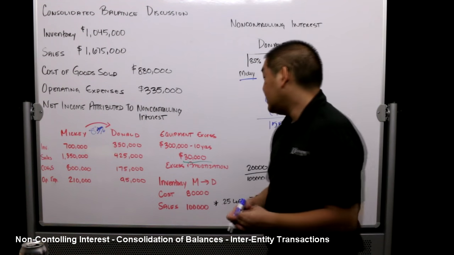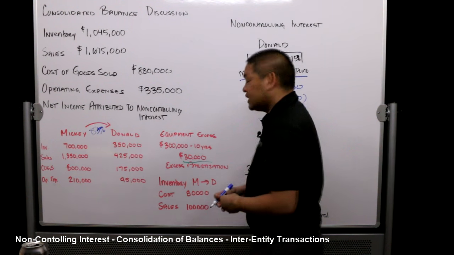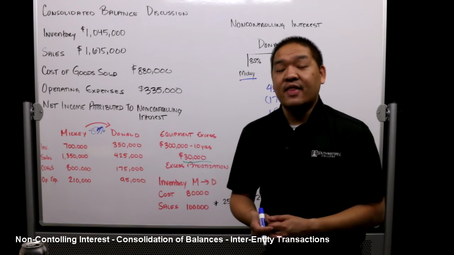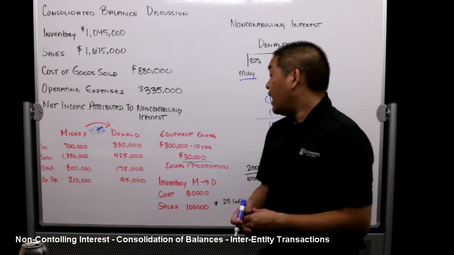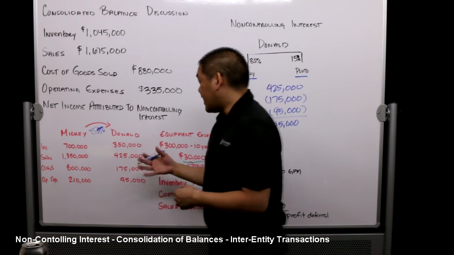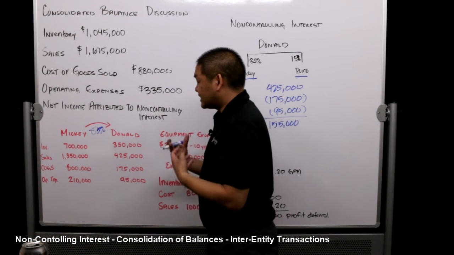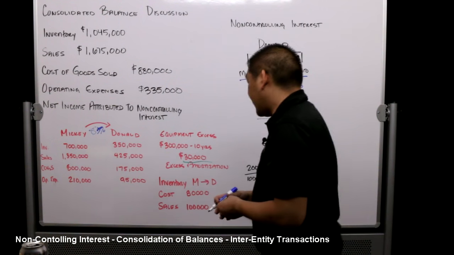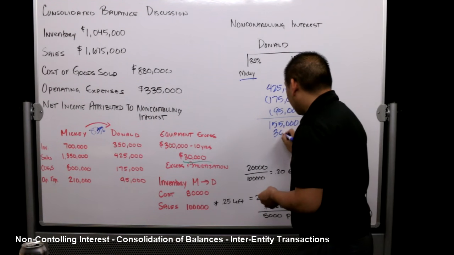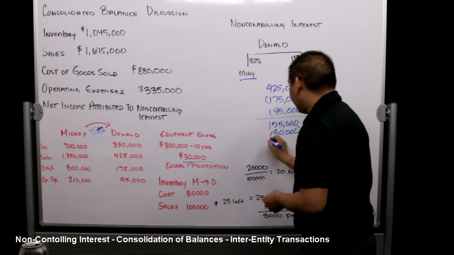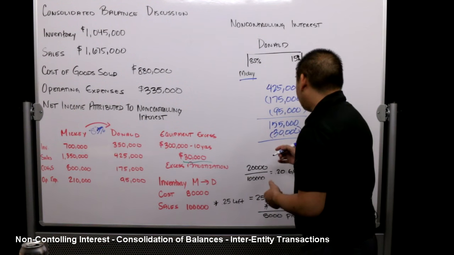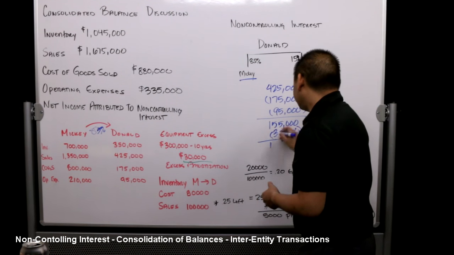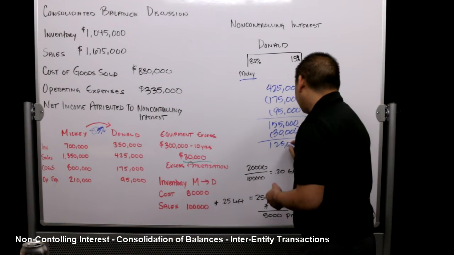Now we also have something else to contend with. We have the excess amortization, and that's because we purchased it from Donald at an excess amount. So we've allocated the excess of purchase price to equipment, and so we have an expense here of $30,000. So we have $125,000.